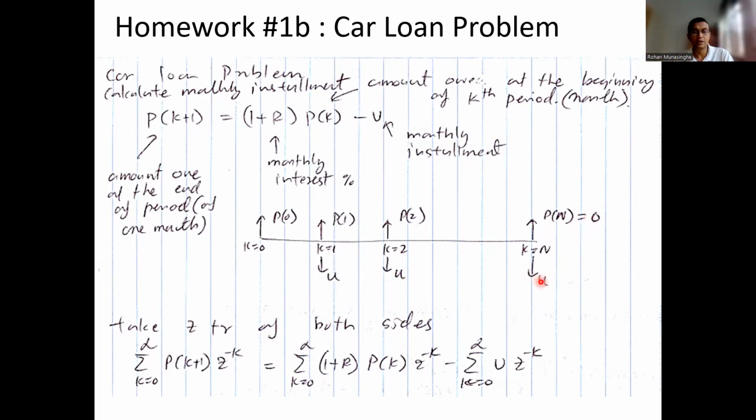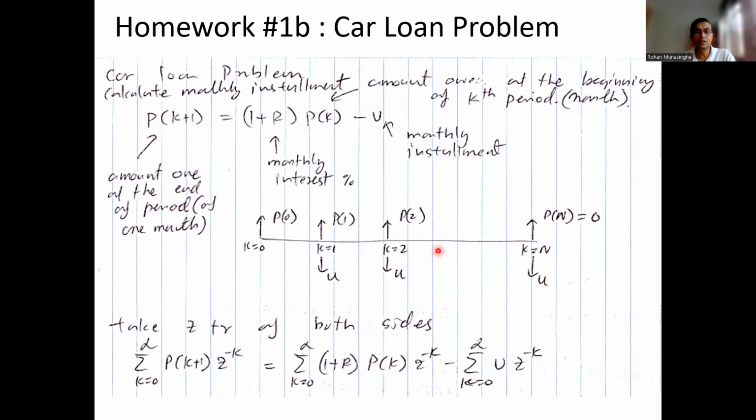Everything is settled. So if you write down a mathematical equation, forget about zTransform or anything, just go by the hunch. At any moment of time after k months, let's say k over here, what you owe to the bank is P k plus 1. This is the amount owed to the bank at the end of the period of 1 month.